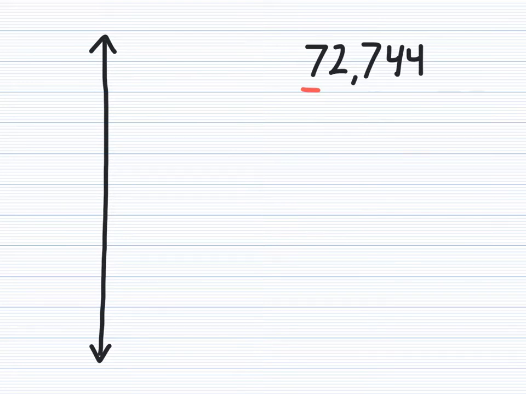And if I look at this number, I can see that there is a value of 70 thousands in that tens place. So here, how many 10,000s are in this number? There are 7 10,000s. And then I can ask myself, what is 1 10,000 more than that?